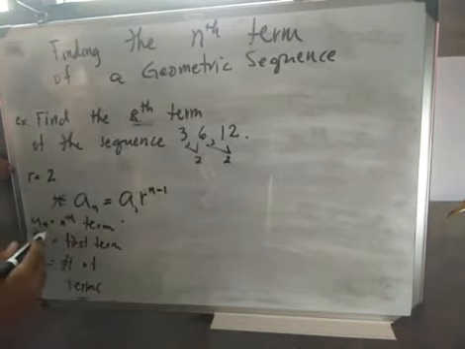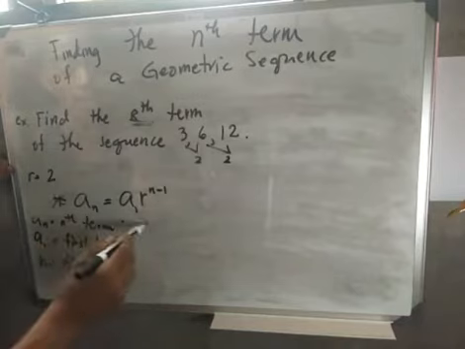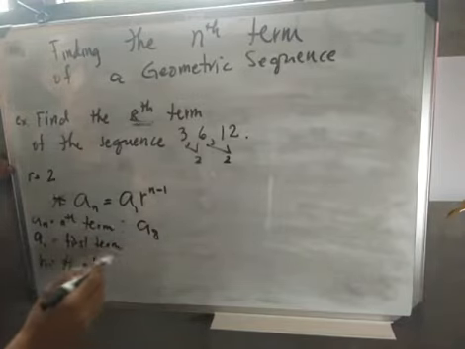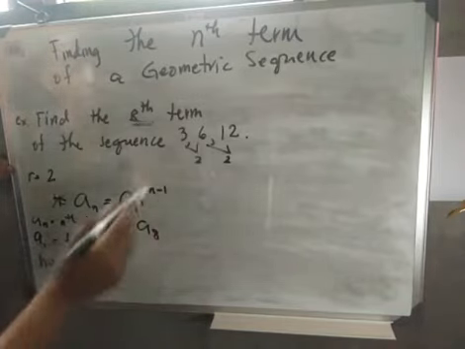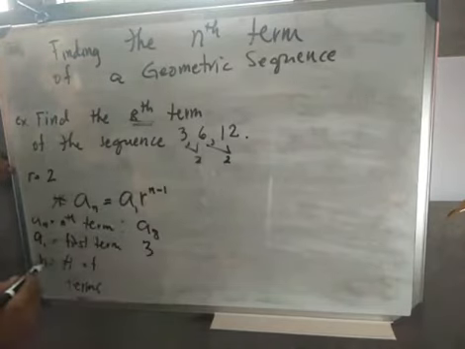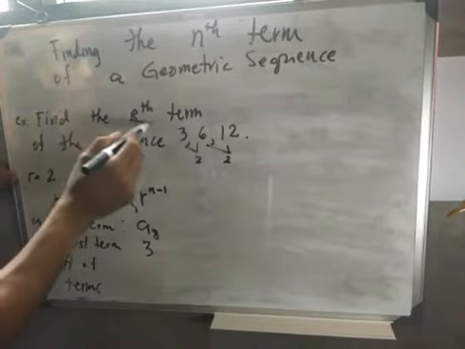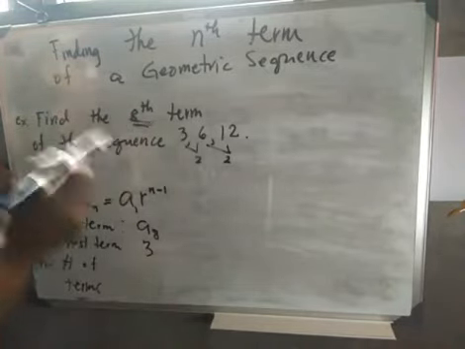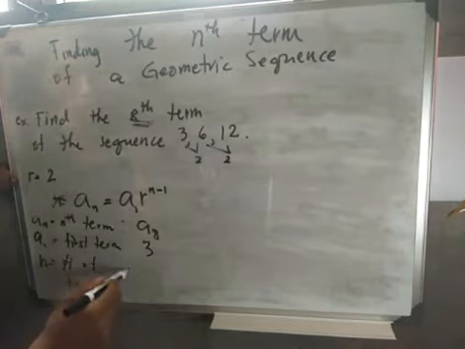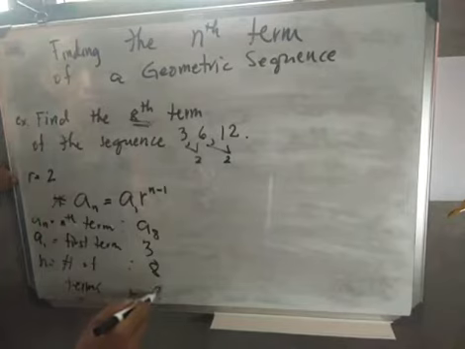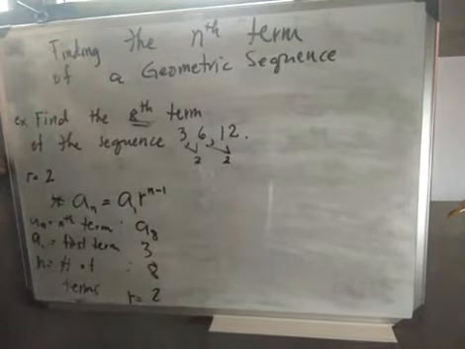So we have the a sub n, that is a sub 8. A sub 1, that is the first term, 3. Yung n natin, that is the number of terms. Ilan ba yung terms dapat? The 8 terms. And syempre, our common ratio, which is 2. So, let's now utilize the formula.